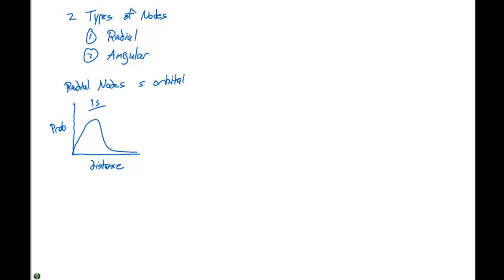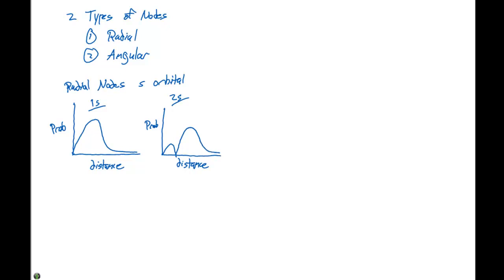Okay, where there's a main probability of finding that electron fairly close to the nucleus. And there are no nodes here. For a 2s orbital, if we plot the probability versus the distance, we're going to see a graph that looks something like this.